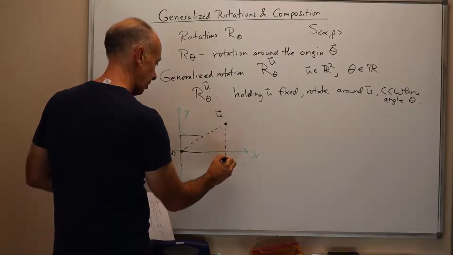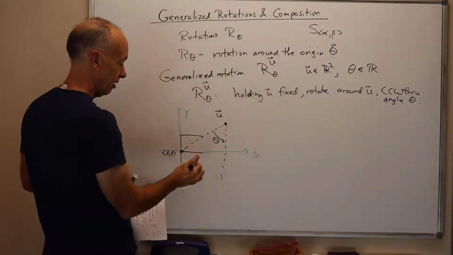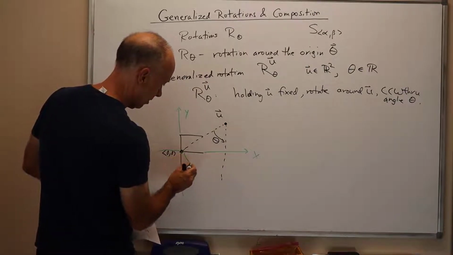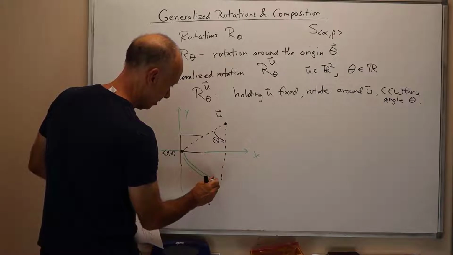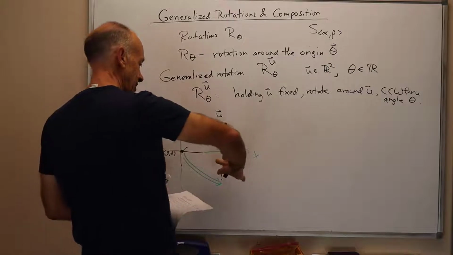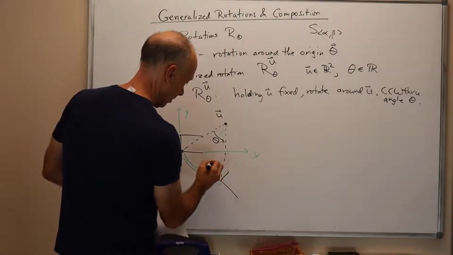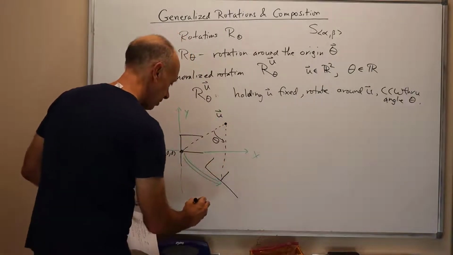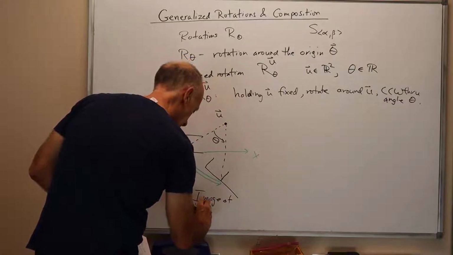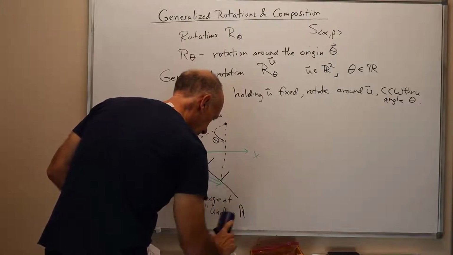Let's suppose we go angle theta in the counterclockwise direction, so it's this far. I think of taking the F and sweeping it down like this, and when we sweep that F around, it ends up in something like this. So here's the image of the F under r u theta.